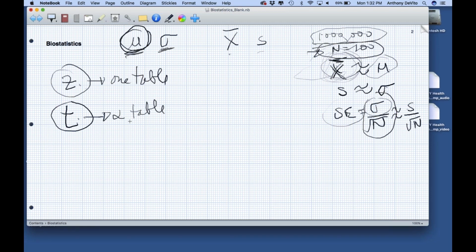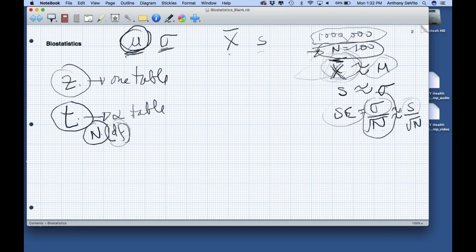With the t distribution, we have an infinite number of tables. And each table is different based on the sample size, right? Because the bigger the sample size is, the less likely we're going to get fooled by using the standard deviation instead of sigma. So instead of using sample size, we use degrees of freedom, which is the sample size minus one.